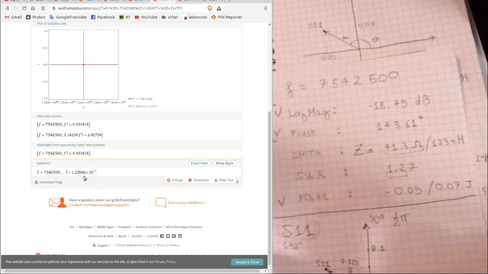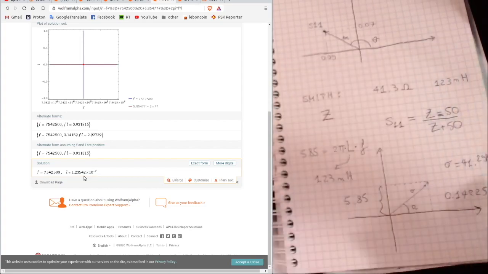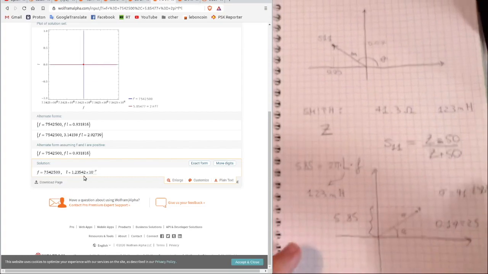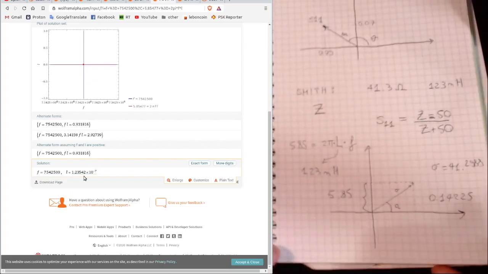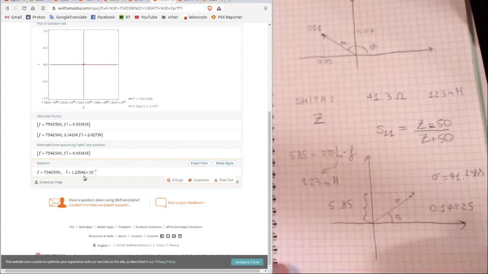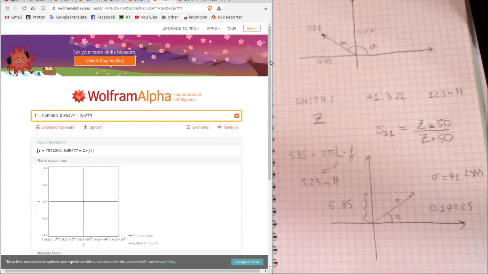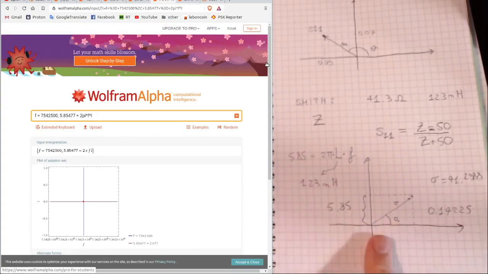Okay, so I hope this discussion was somewhat useful. You don't need to do this calculation, of course, neither with Wolfram Alpha nor absolutely not manually. The NanoVNA is doing all these calculations for you, but it's perhaps useful to know what this number means and how you can compute one from the other.